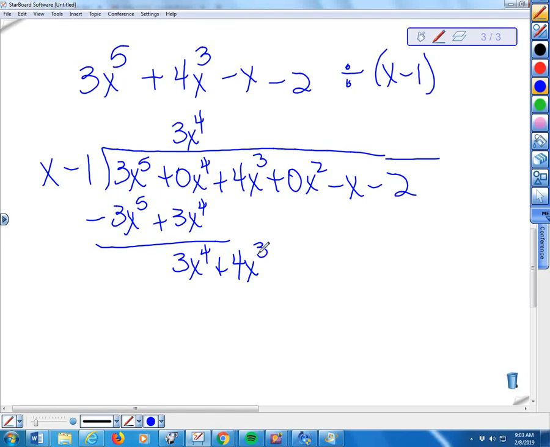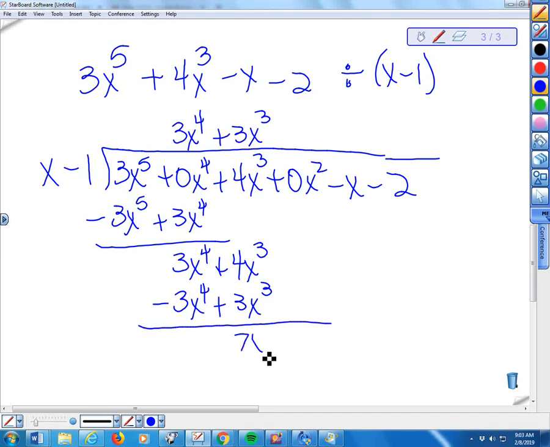X times what is 3x to the 4th? 3x. Okay, 3x to the 4th minus 3x cubed. Change my signs, and I get 7x cubed plus 0x squared.